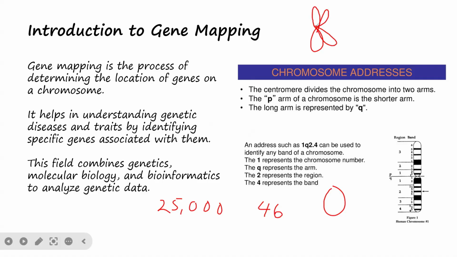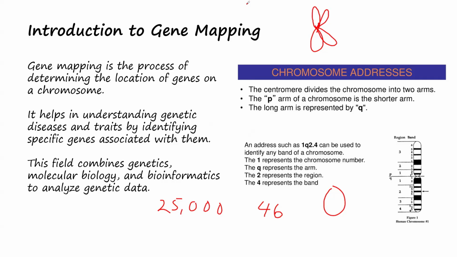In these two chromatids, we have what you call a centromere, which is the center that joins the two chromatids together.